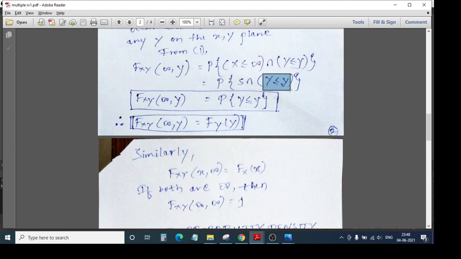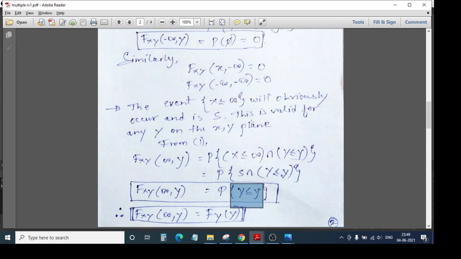with y. There are no changes in the y variable. So always remember friends, when you intersect the sample space with the other event, the answer will be the other event. I hope it is clear. When you intersect a sample space with a variable, the answer will be that variable.